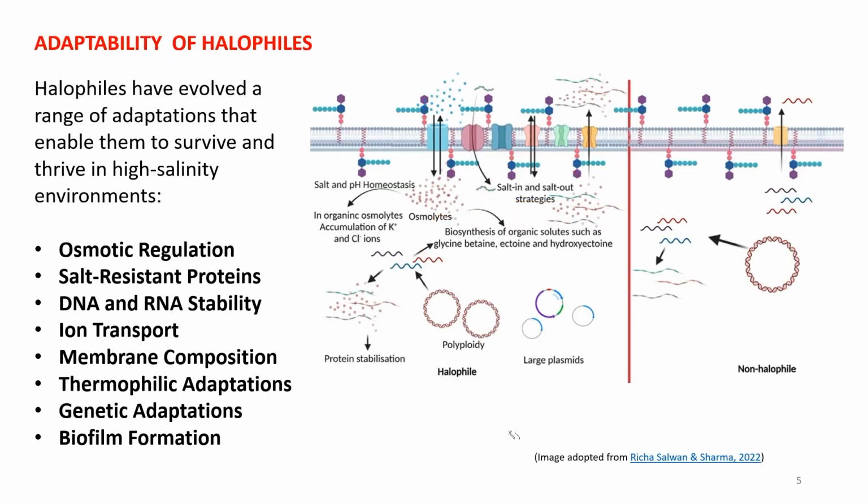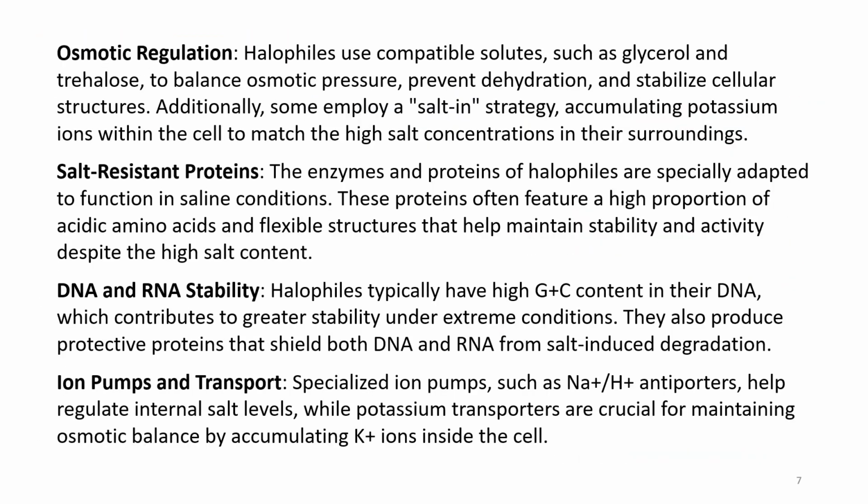Salt resistant proteins: the enzymes and proteins of halophiles are specially adapted to function in saline conditions. These proteins often feature a high proportion of acidic amino acids and flexible structures that help maintain stability and activity despite the high salt content.